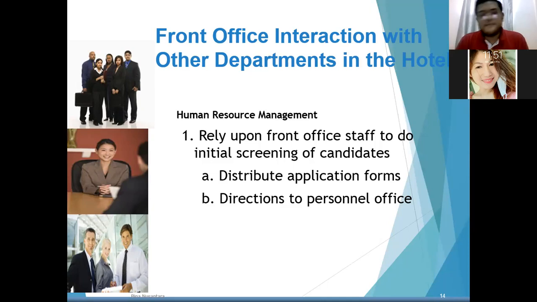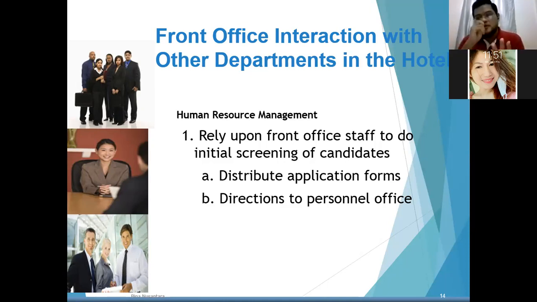Apart from that, you deal with the human resource department not only for hiring. When you need to do training, you will call the human resource department. When you need to do performance appraisal, you will call the human resource department.